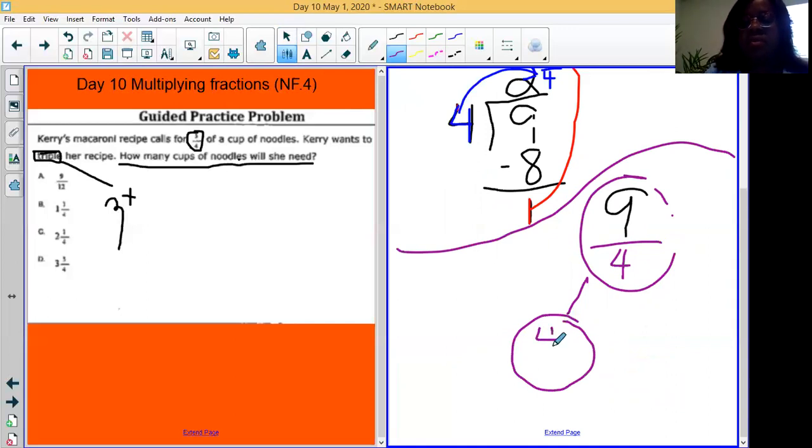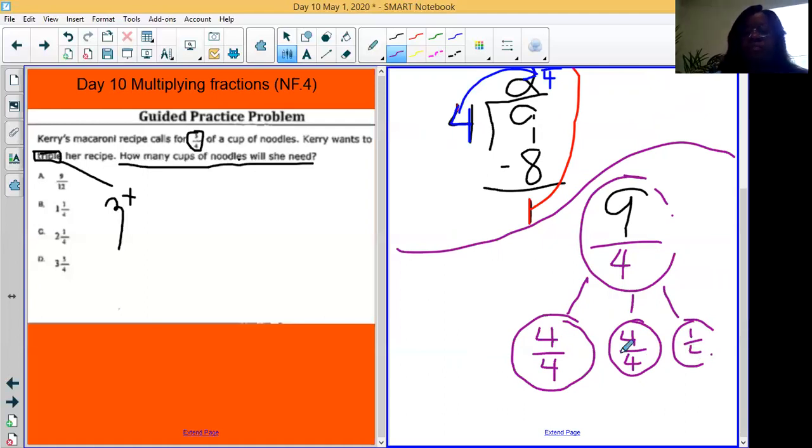So if I take 4 fourths here, that leaves me with 5 fourths. So I take another 4 fourths, and that leaves me with 1 fourth that I'll put in this part of the bond. So 4 fourths plus 4 fourths is 8 fourths, plus 1 fourth is 9 fourths. So all I've done was just take my 9 fourths and break it down.